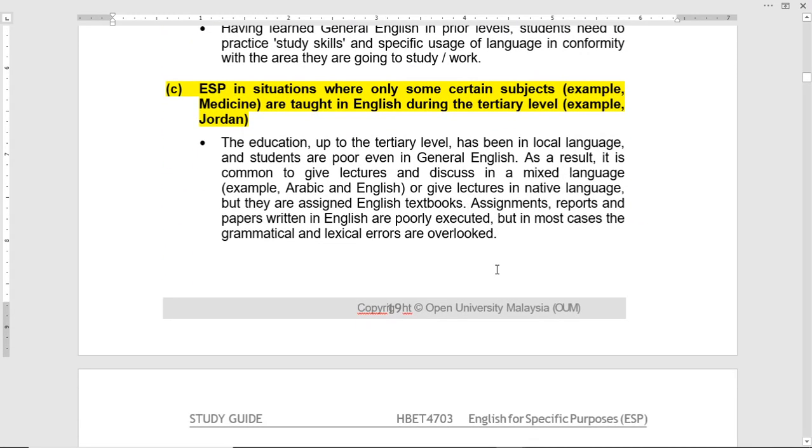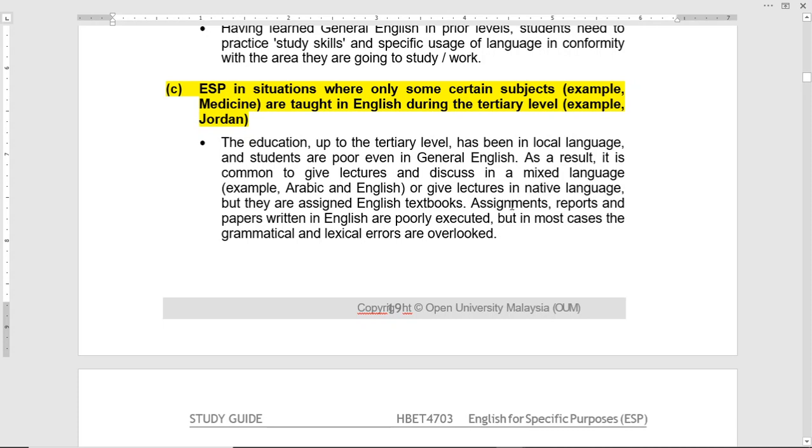Then the third one, English for specific purposes in situations where only certain subjects are taught in English during the tertiary level. For example, medicine in Jordan. The education up to the tertiary level has been in the local language, and students are poor even in general English. It could be also the Sri Lankan context.